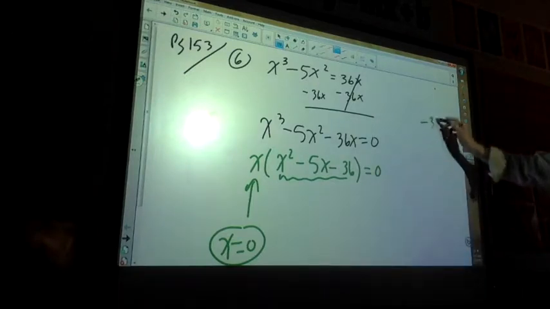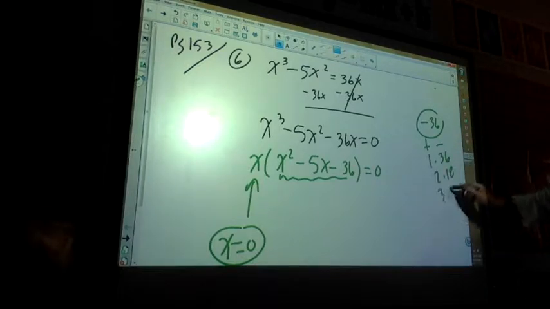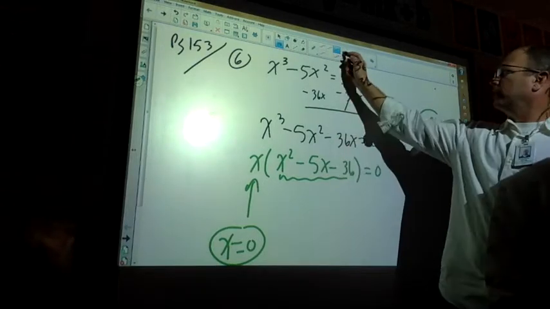My magic number is negative 36, so I know I have to have a plus and a negative. So 1 and 36, 2 and 18, 3 and 12, 4 and 9, and 6 and 6. Any of those work? One being positive, one being negative? 4 and 9. So let's just factor this part out.